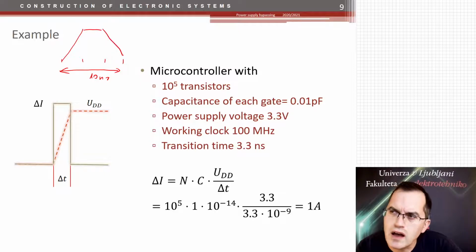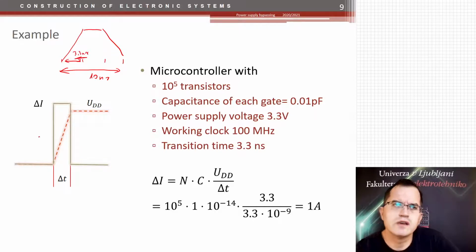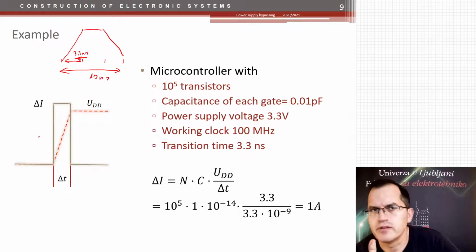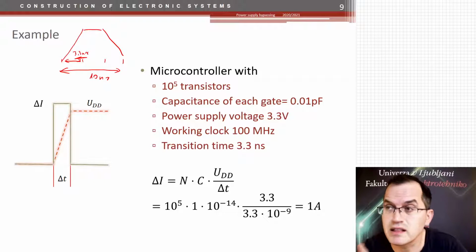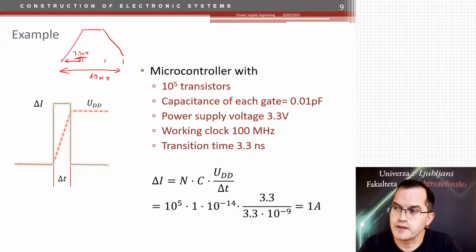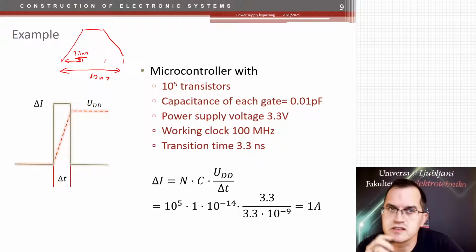So at least 3.3 nanoseconds would be enough for the rise time, I suppose. But it could be even less. But let's say it is that. So 3.3 nanoseconds will be the transition time.